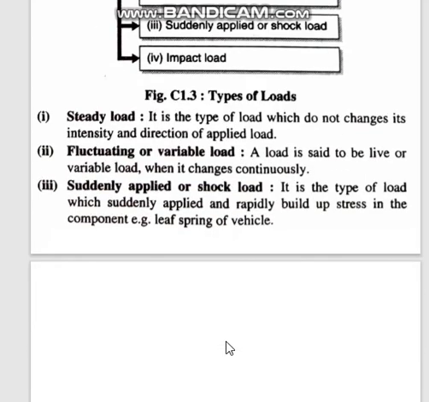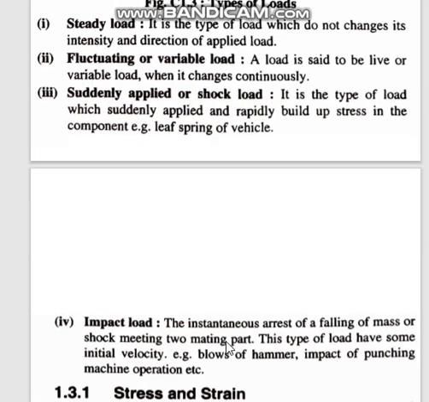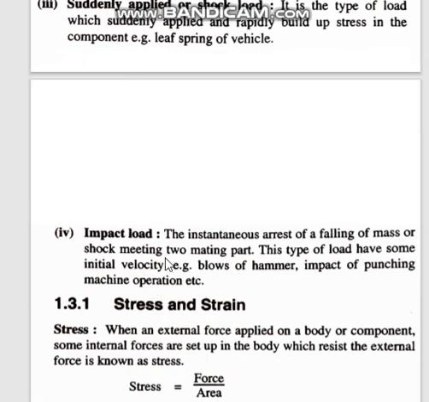Okay, then another one is impact load. Impact load means, like if you take a hammer and hit, that is an impact load. When two vehicles on the road dash head on, why does the damage take place? Because of the impact.